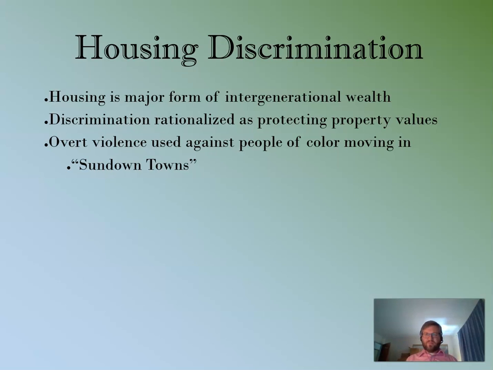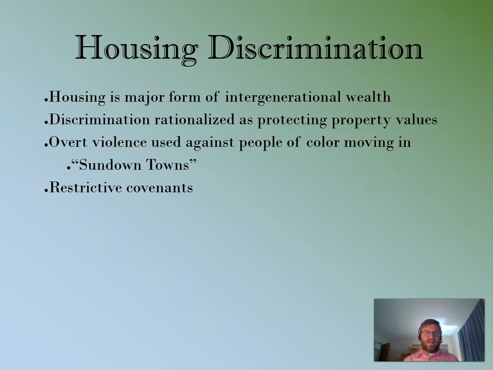And so we see a lot of communities across the country that are predominantly white today because they have a long history of violently excluding any people who are not white that tried to move in or join that community.